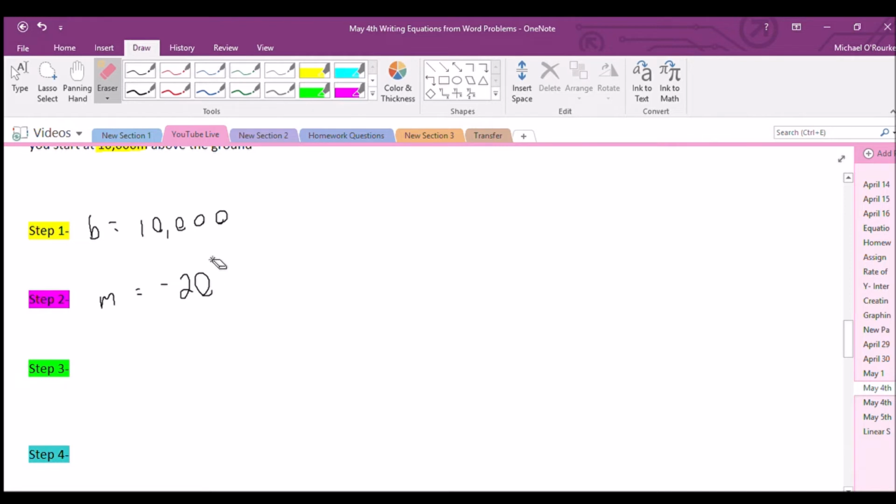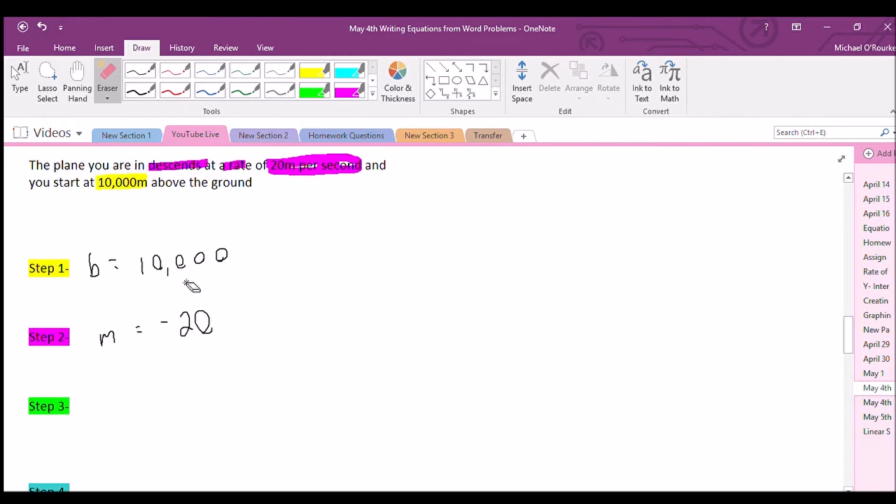So after we look at negative 20 here, let's rewrite our equation as is. Y equals negative 20x plus 10,000. Now, let's figure out what x and y mean.